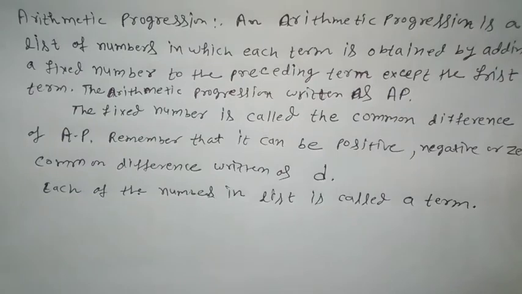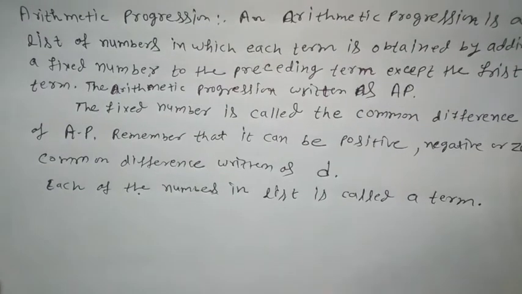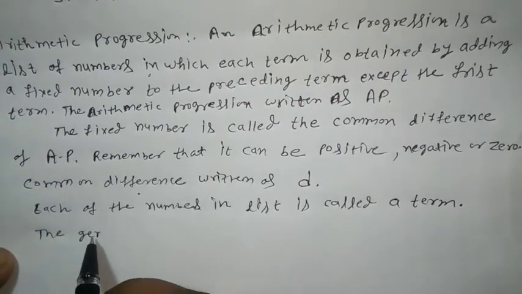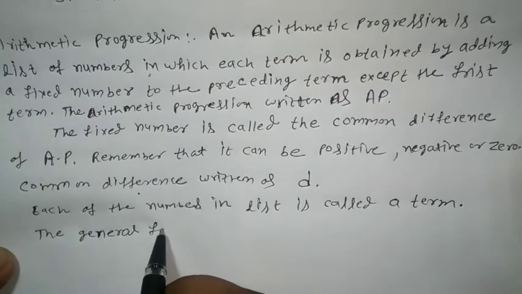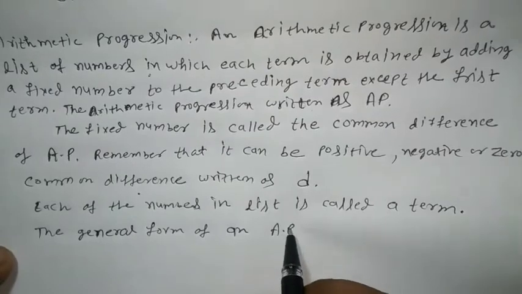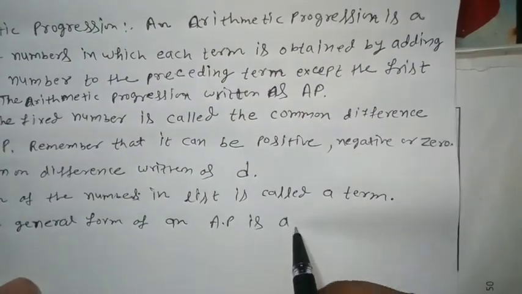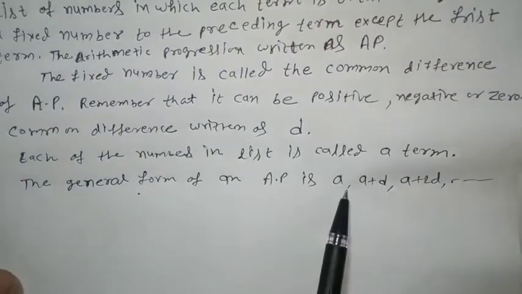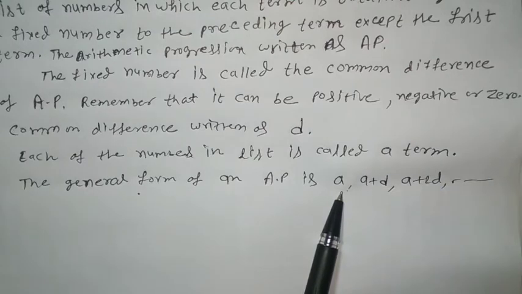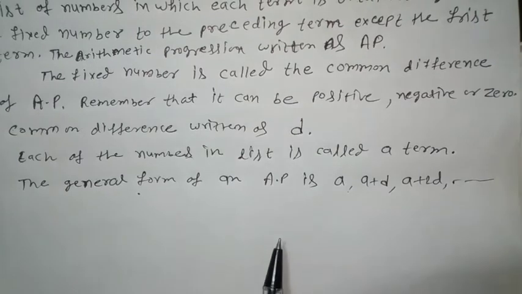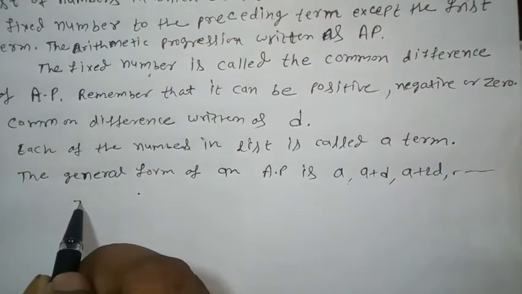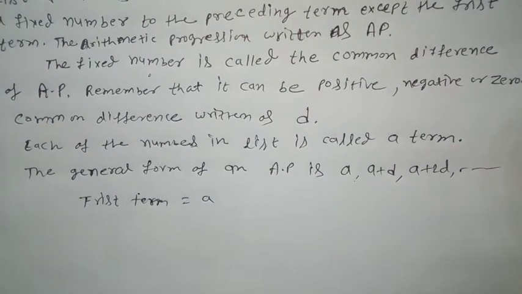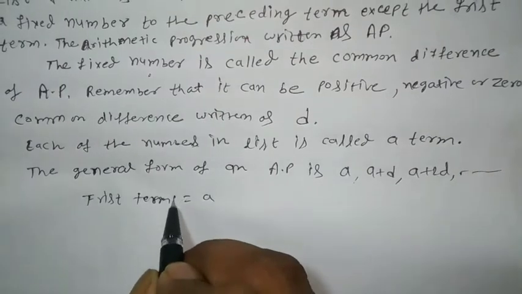Now also remember the general form of an AP is A, A plus D, A plus 2D, and so on. The first term is equal to A. We also say the first term is T1.